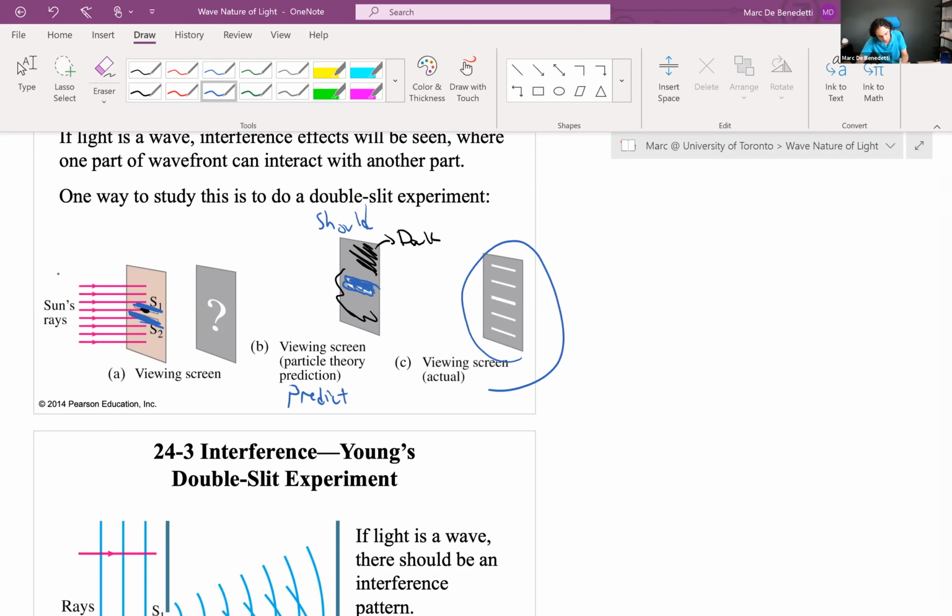Moreover, what was weird is that the bright spot in the middle corresponded to the region of space in between the 2 slits. So that was even more confusing for them. They're like, okay, seriously, what is actually going on?